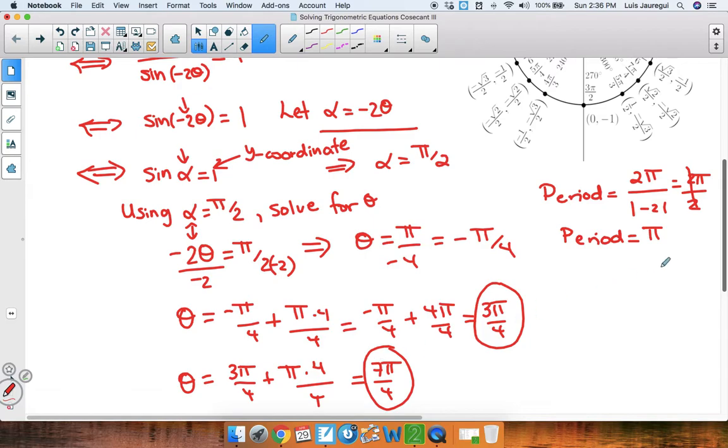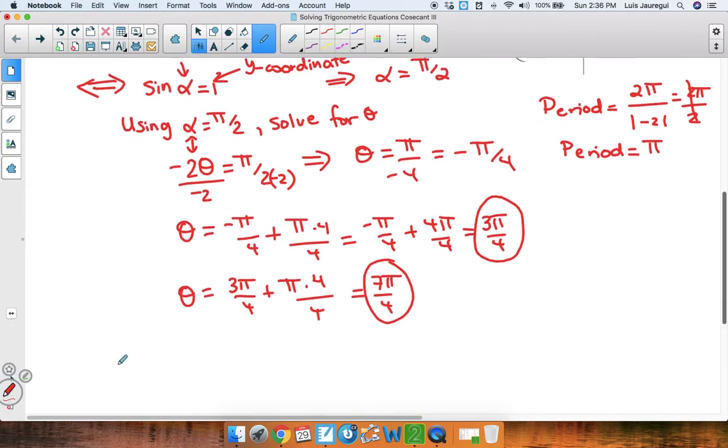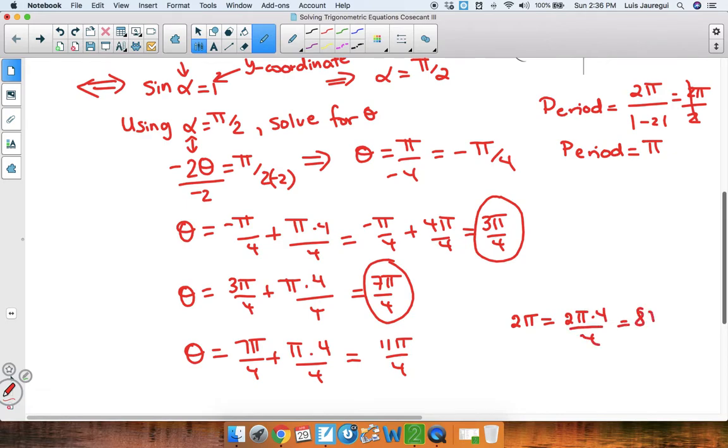How do we know that? Well, if we were to take another angle, theta, to be 7 pi over 4 and add the pi, which will be pi times 4 over 4, you get that the next angle will measure 11 pi over 4. But 2 pi is equivalent to 2 pi times 4 over 4, which is simply equal to 8 pi over 4.